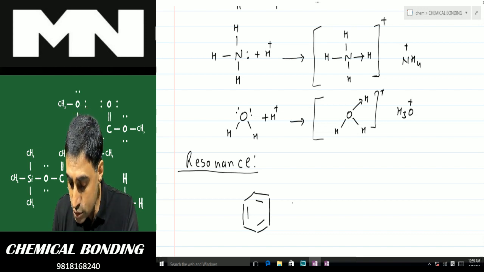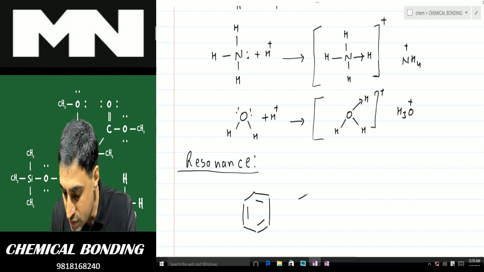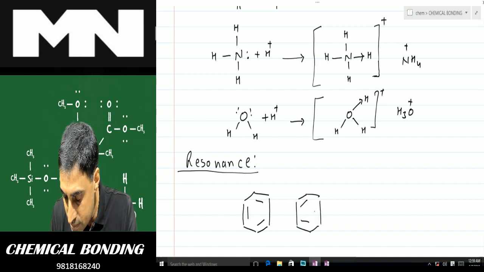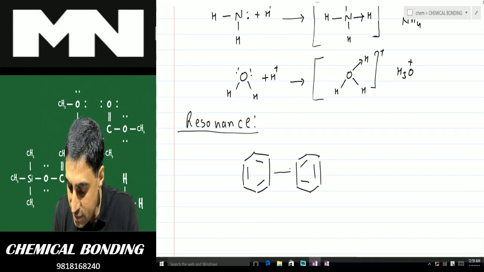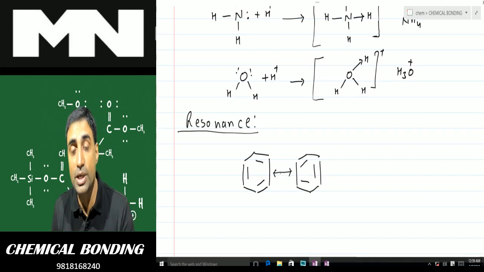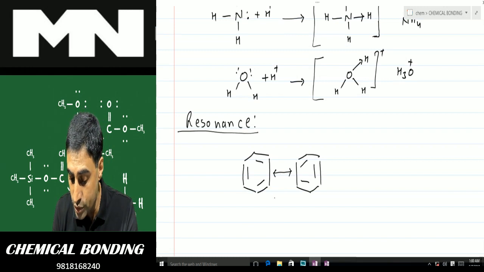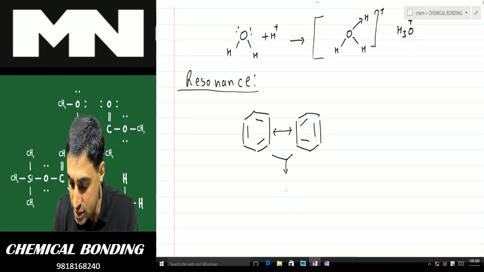So in benzene also, we need to draw another structure. And that structure is like this. So these two structures collectively represent all chemical and physical properties of a benzene molecule. If I join them, I'll get a resonance hybrid structure.